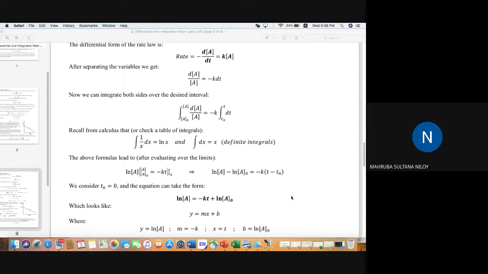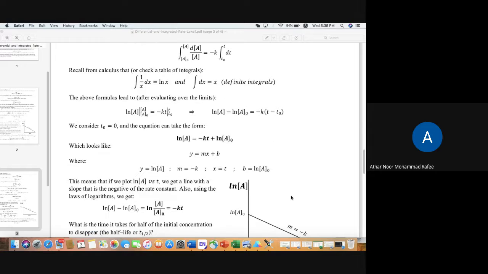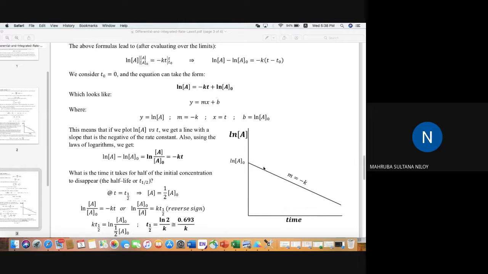Is it clear up to this point? Yes, sir. Okay, so if we put this value into a graph, we'll get a line like this one. As the initial concentration A naught is known, if we take its ln, the value is also known.